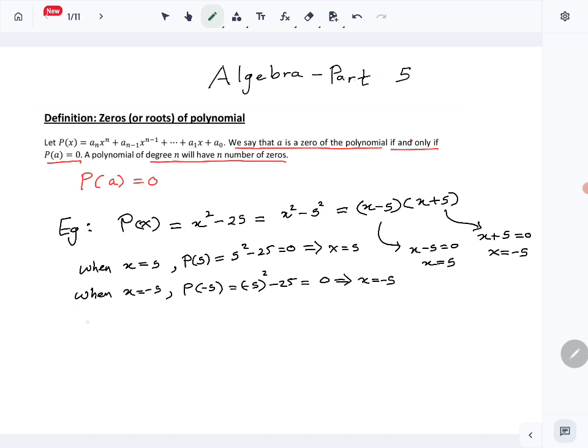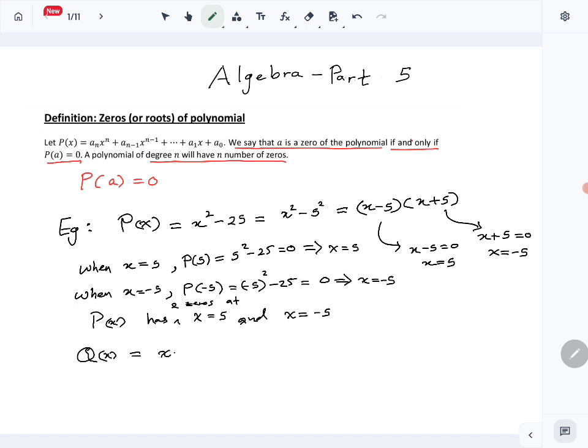So this polynomial P(x) has two zeros. What are those two zeros? x equals 5 and x equals minus 5. Two zeros at x equals 5 and x equals minus 5. Let's do another example.